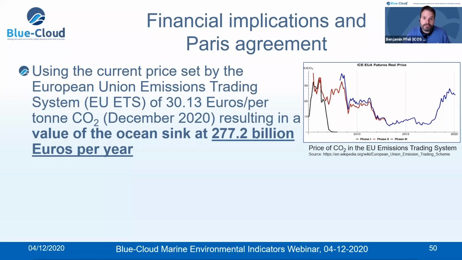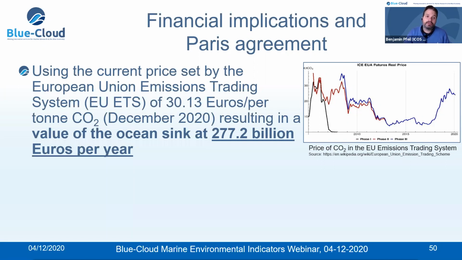This has financial implications. If you use the current price set by the European Union Emissions Trading System, the EU ETS, that is per December now around 30 euros per ton of carbon dioxide emissions, this results in the value of the ocean sink currently being at nearly 200 billion euros per year.